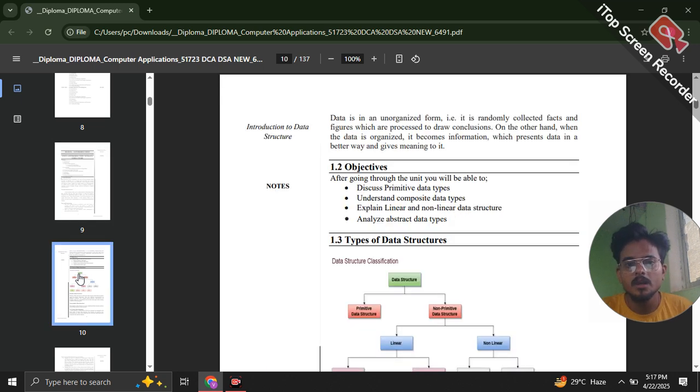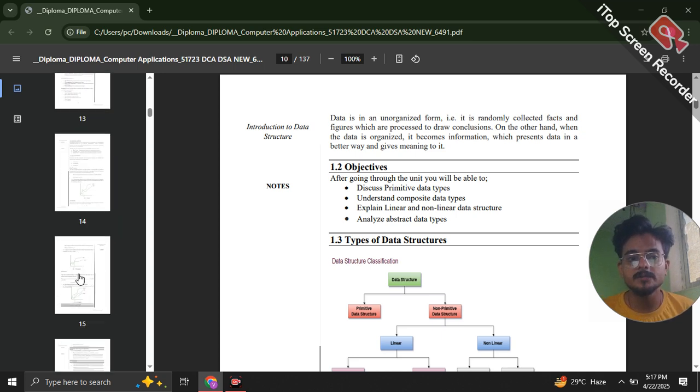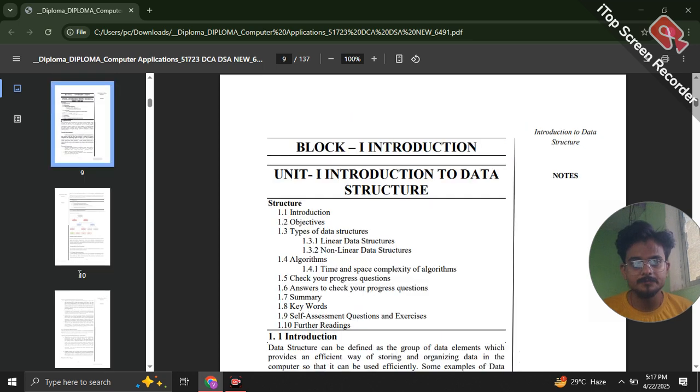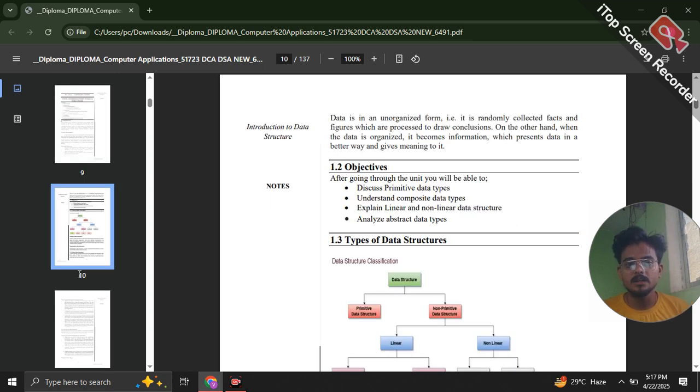So objectives. What are the objectives of data structure? We will discuss primitive data types, understand composite data types, explain linear and non-linear data structure, linear and non-linear, and after that abstract data types.